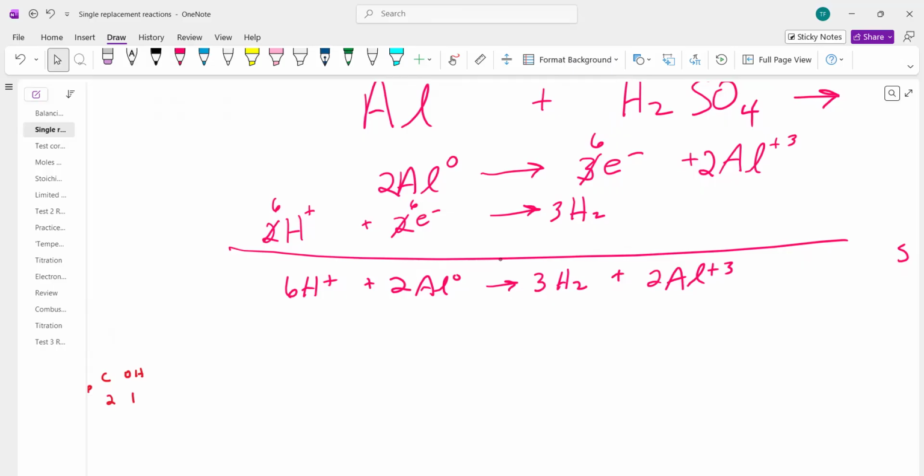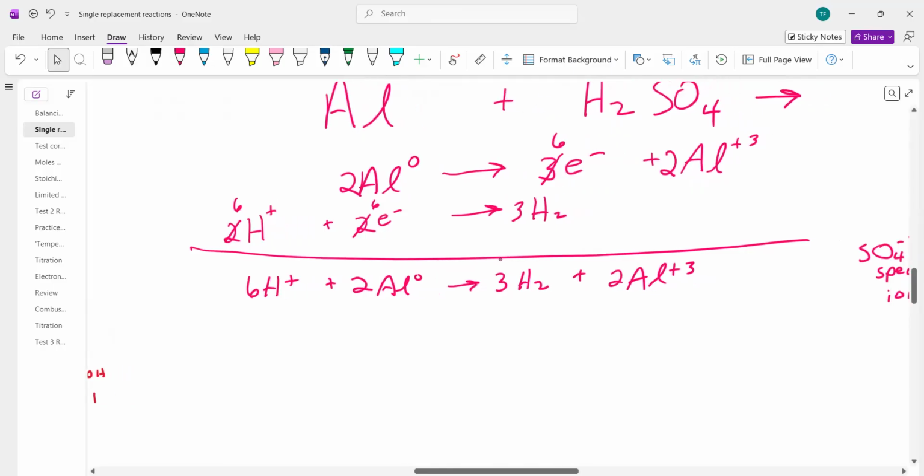Okay, now sometimes they want you to balance it with the spectator ion. So the spectator ion was up here with the acid, and we tripled that.